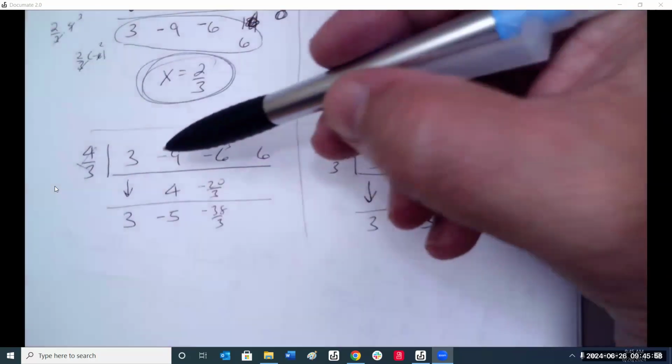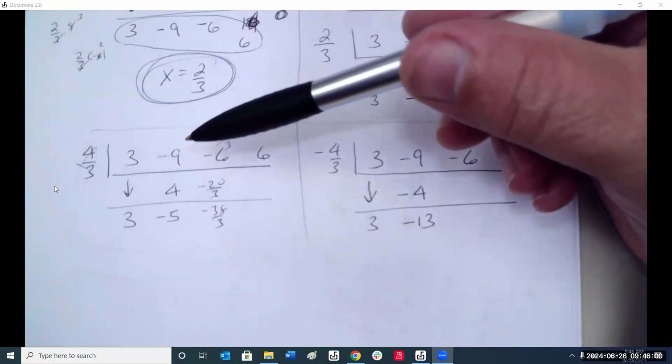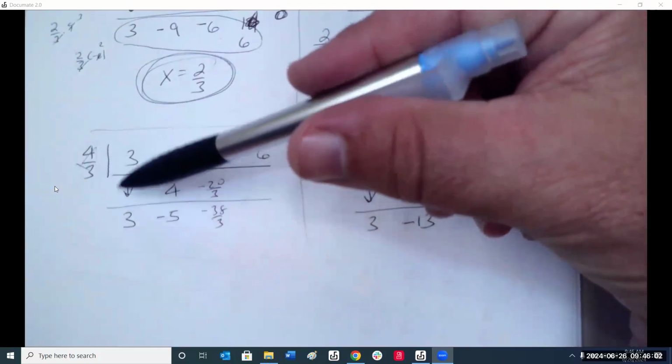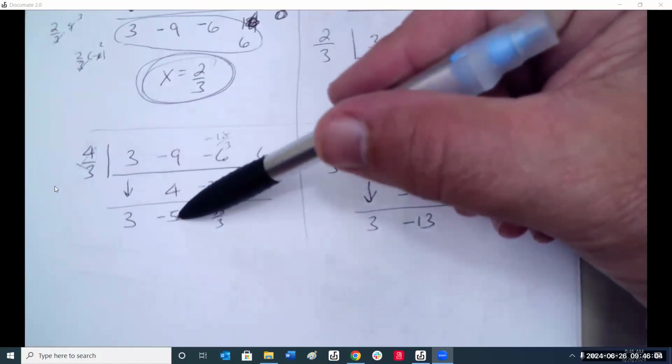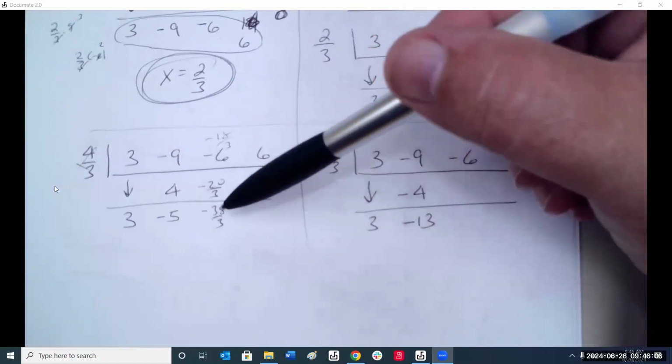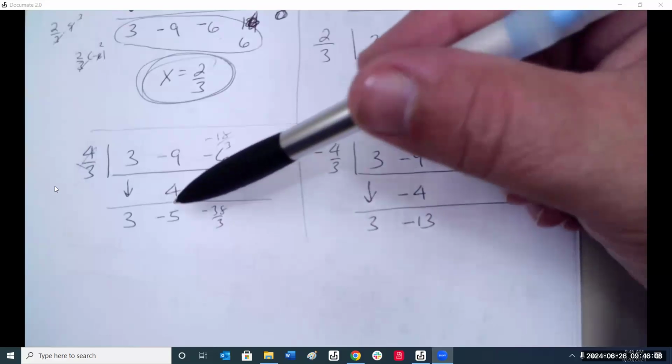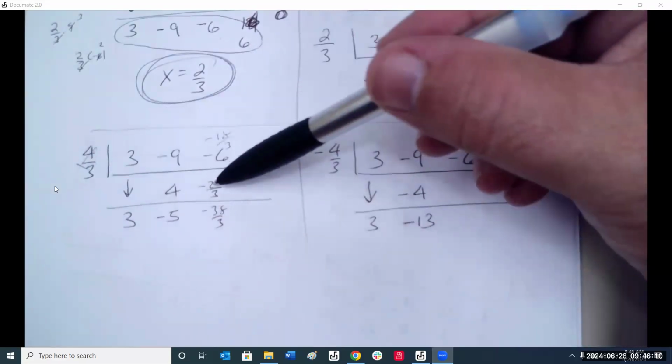That's not going to work. The 3's cancel, so we have 4, makes it negative 5. Negative 5 over 1 is negative 20 over 3.